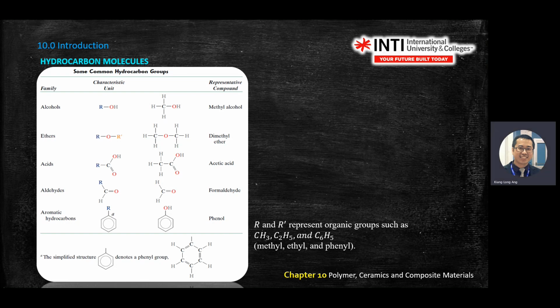If the question gives you a certain crystal structure and then asks you to calculate something, remember to change this one into this structure. So R means a ring or organic groups.